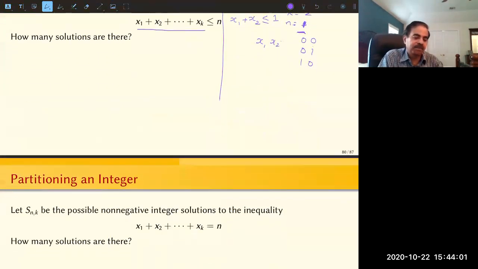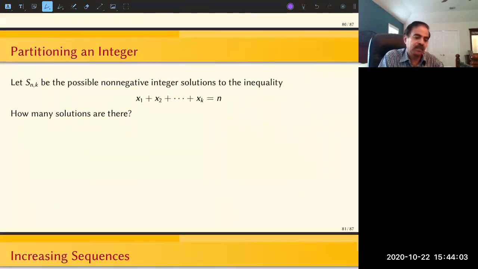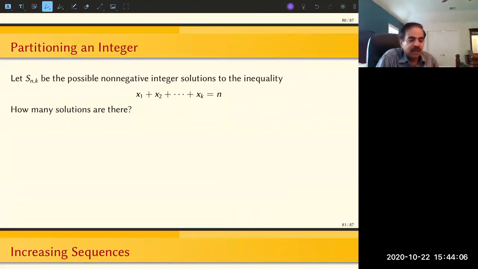Okay, let's do a slightly different version of this problem where we don't look for less than or equal to n, but just equal to n.